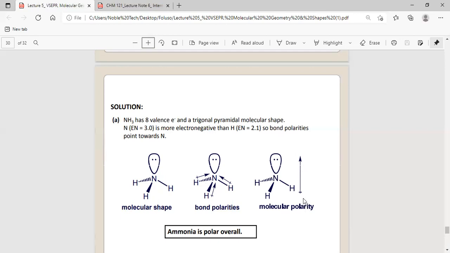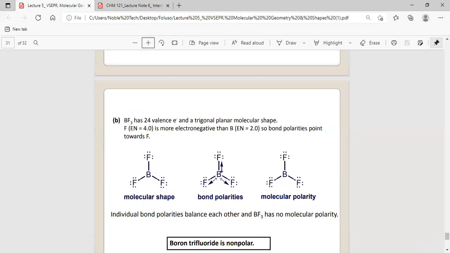As a result, ammonia will have an overall molecular polarity. And that is the reason why ammonia is polar and is soluble in water.